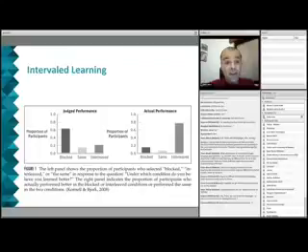Now, I have nothing against a first-year block course of academic literacies. I think they're really important. They do have a space, but this interval learning theory from Bjork might explain why sometimes they are not so successful.